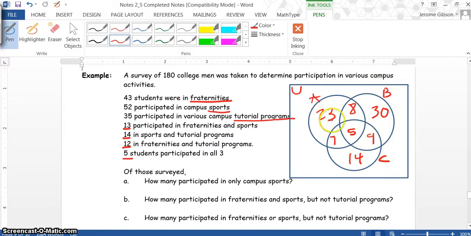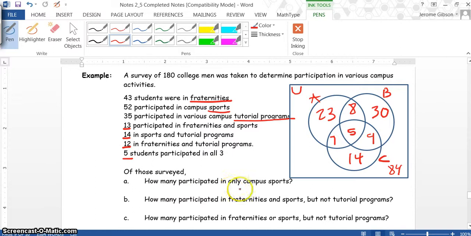So we can add them. 23 and 7 is 30, plus 5 is 35, plus 8 is 43, plus 30 is 73, plus 9 is 82, plus 14 is 96. So 180 minus 96 is 84. So we had a group of 84 that didn't participate in any of these activities.